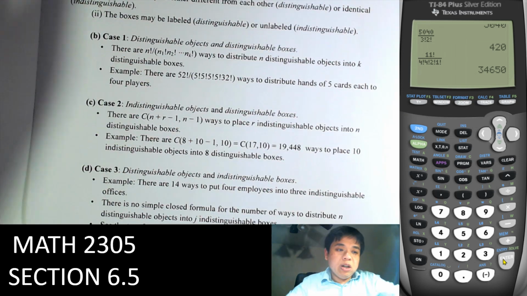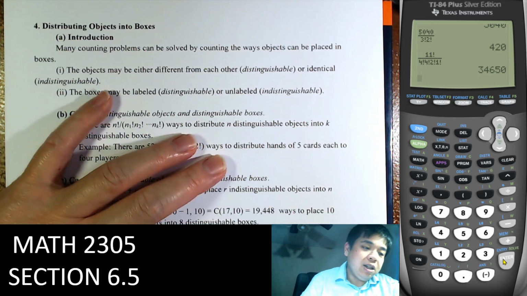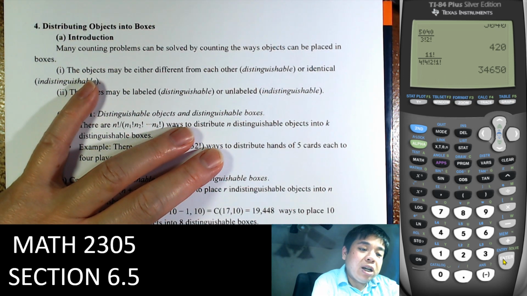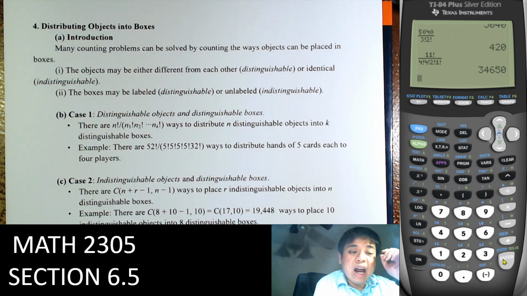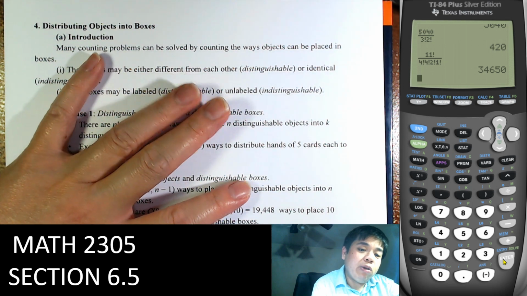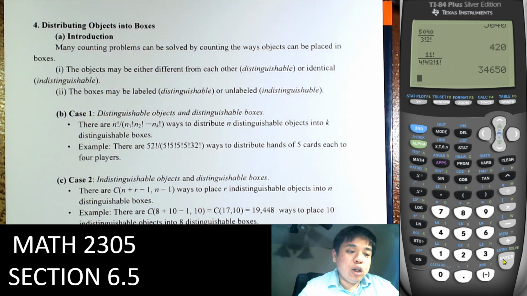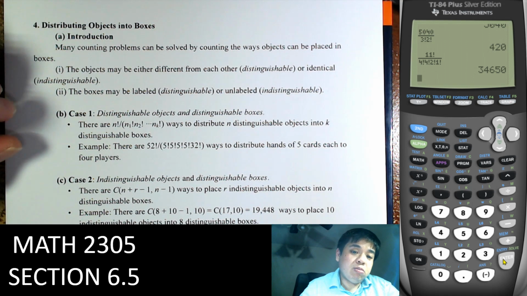And next, I'm just going to put this in writing so you can read it. Distributing objects into boxes. Many counting problems involve distributing objects into boxes. The objects might be different, and the boxes might be different or identical.